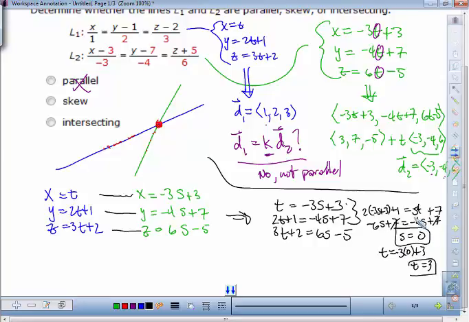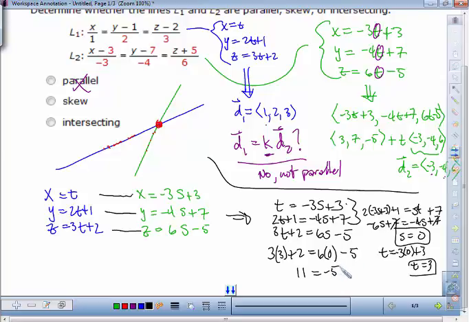All right, so we got a solution now. The way to really check that this is going to intersect is that we put the s and the t into the last equation to see if we are going to get a true statement. 3t, t is equal to 3, plus 2 is equal to 6s, s is equal to 0, minus 5. So I got 11 is equal to negative 5.